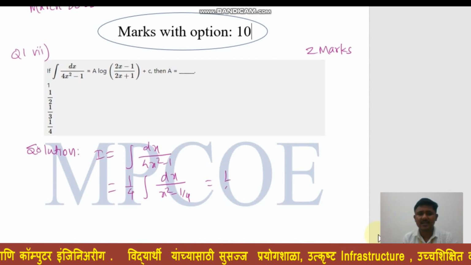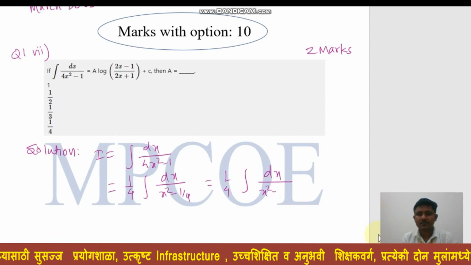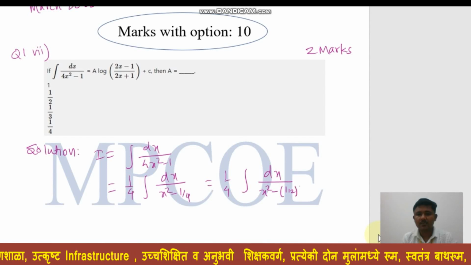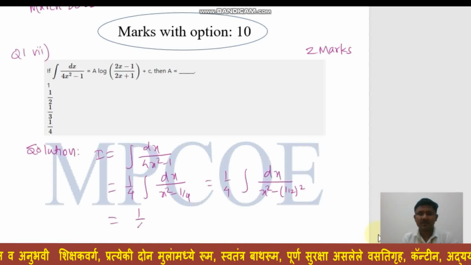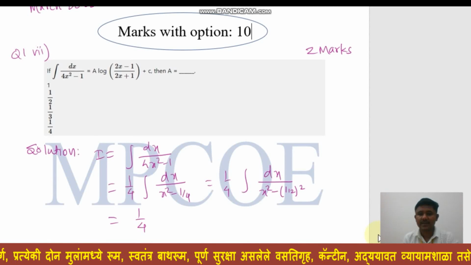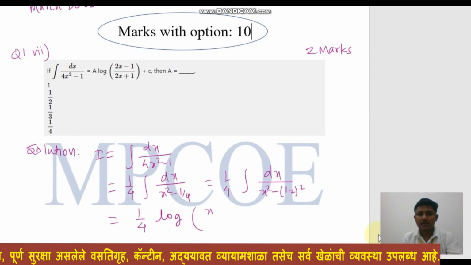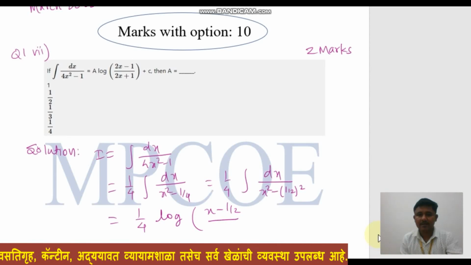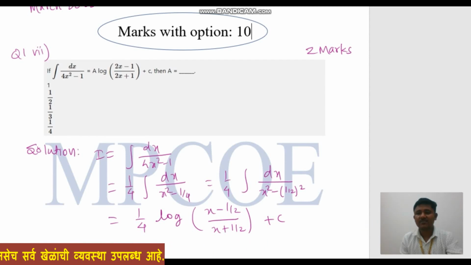Okay, so this can be written as 1 by 4 into integration dx upon x square minus (1 upon 2) square. So 1 upon 4 is constant, and the value of this integral is nothing but log of (x minus 1 upon 2) divided by (x plus 1 upon 2) plus c, by the formula that we have written here.